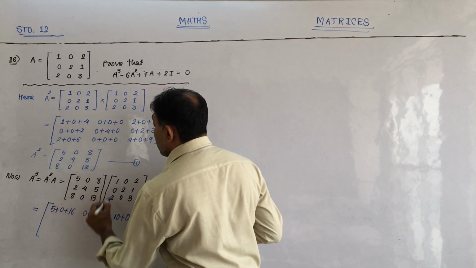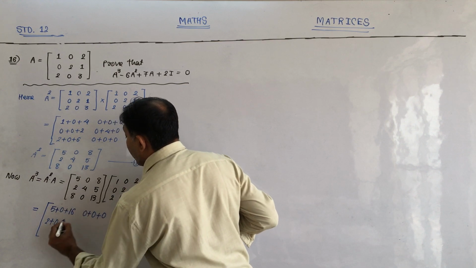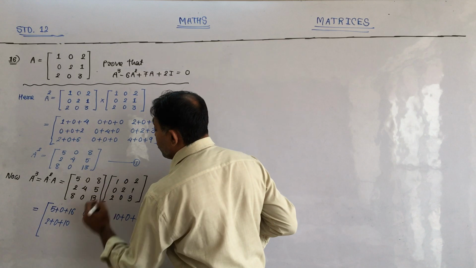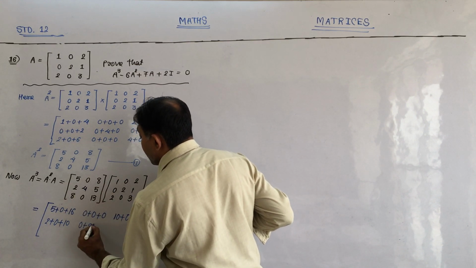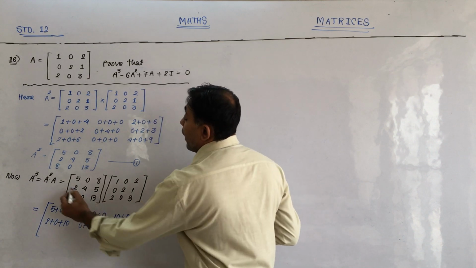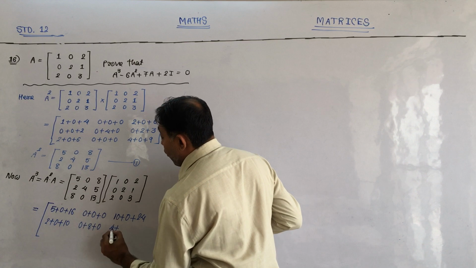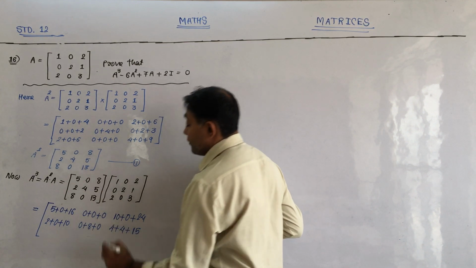Similarly, now second row, first column, 2 1s are 2 plus 4 0s are 0 and plus 5 2s are 10. Now second row, second column, 2 0s are 0 plus 4 2s are 8 plus 5 into 0 is 0. Now second row, third column, 2 2s are 4 plus 4 1s are 4 and plus 5 3s are 15.